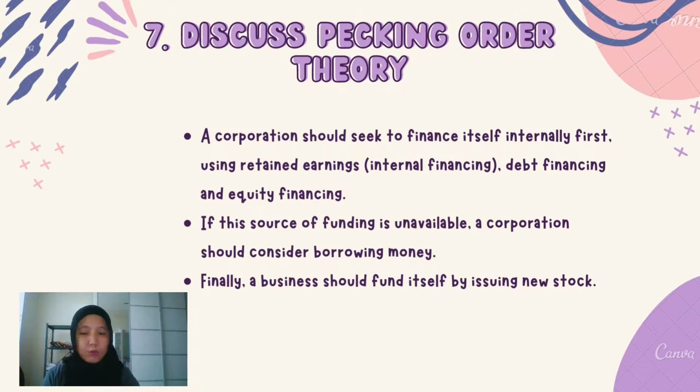Finally, and as the last resort, a business should fund itself by issuing new stock. The ranking is significant since it informs the public about the company's performance. When a firm finances itself internally, it is a powerful corporation. If a corporation finances itself with debt, it means management feels confident in the company's ability to make its monthly obligations.